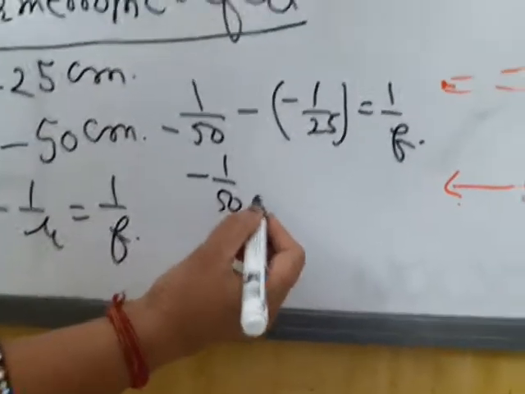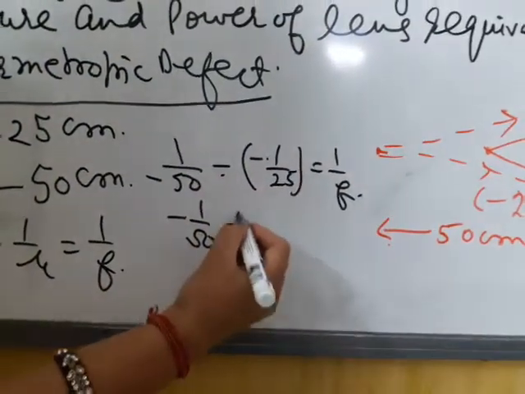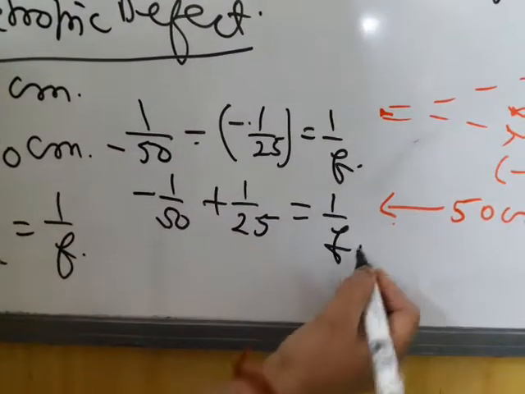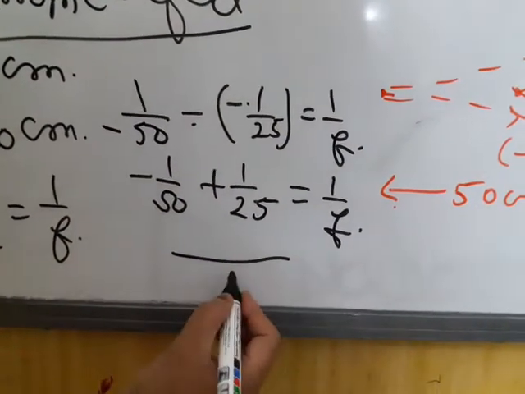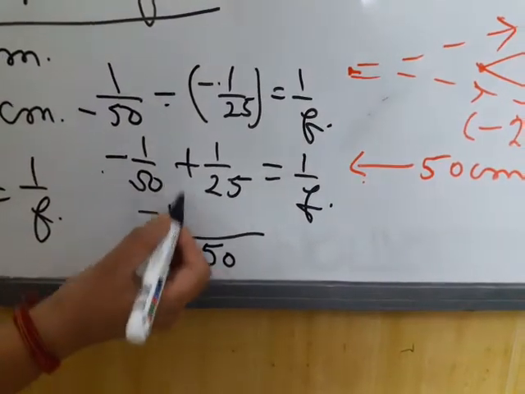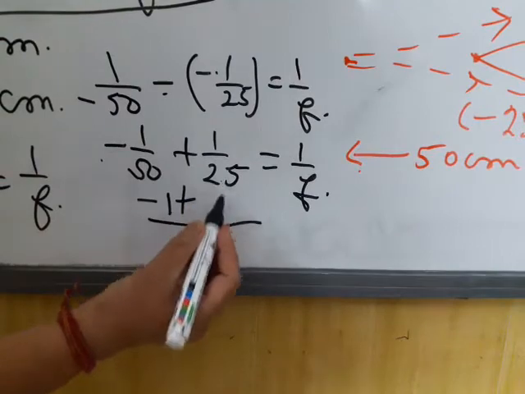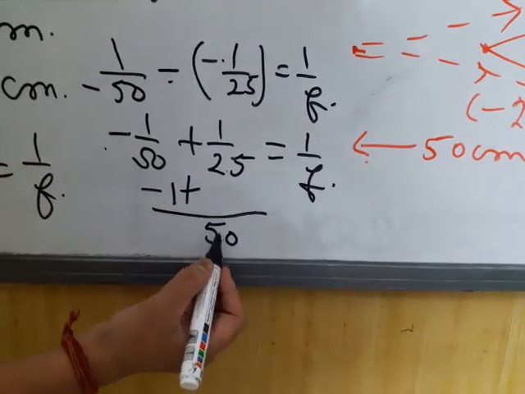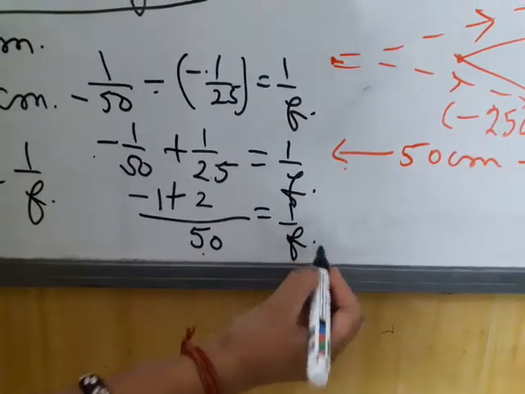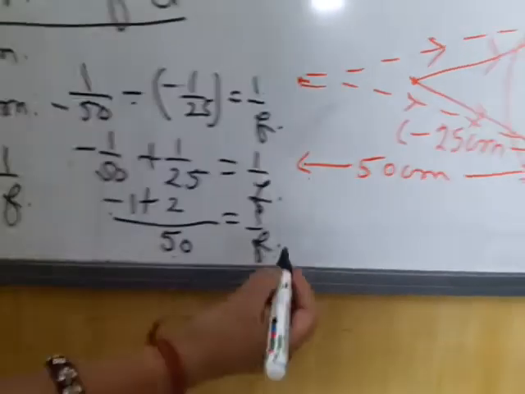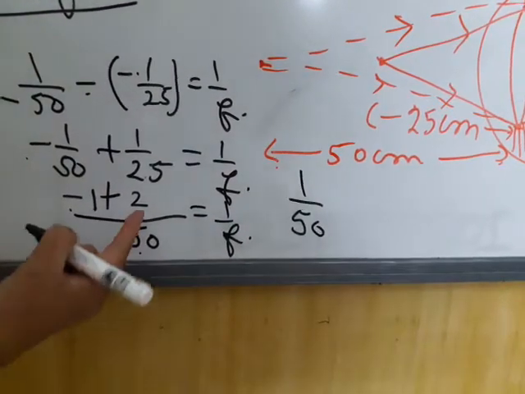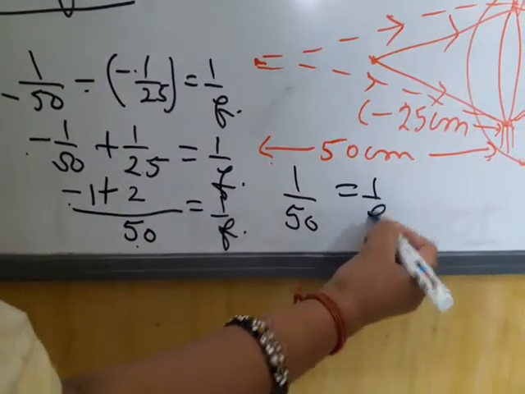Minus 1 by 50 plus 1 by 25 is equal to 1 by f. LCM is 50. So minus 1 plus 50 divided by 25 is 2, 2 multiplied by 1 is 2. 2 minus 1 is 1 by 50, equal to 1 by f.